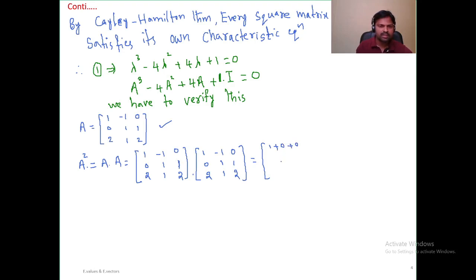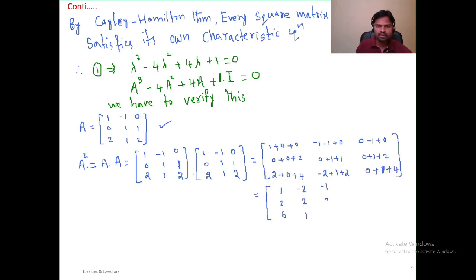Now the first row with the second column: 1 into -1 is -1, next -1 into 1 is -1, next 0 into 1 is 0, plus 0. Next, first row with third column: 0, next -1, next 0, plus 0. Next, similarly, second row with first column: 0 plus 3, that is 5. Okay.